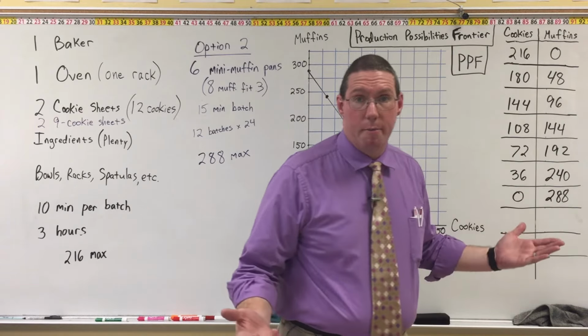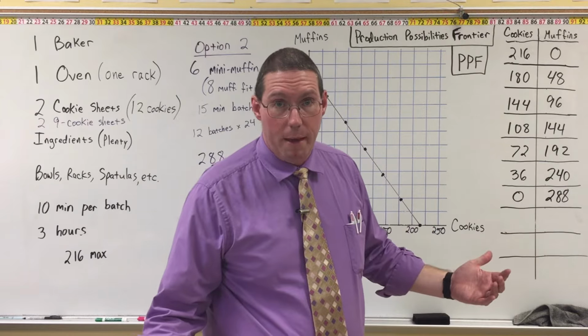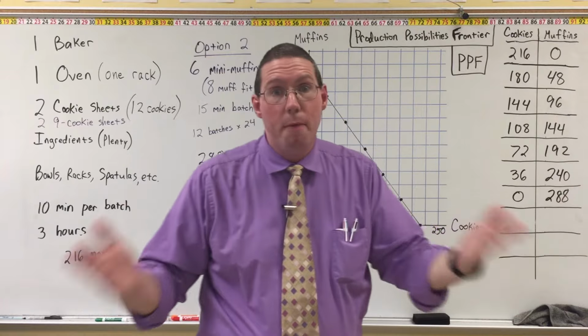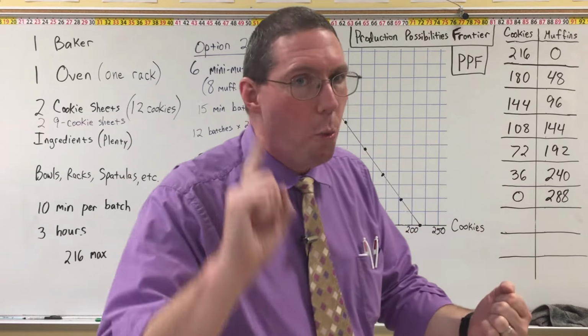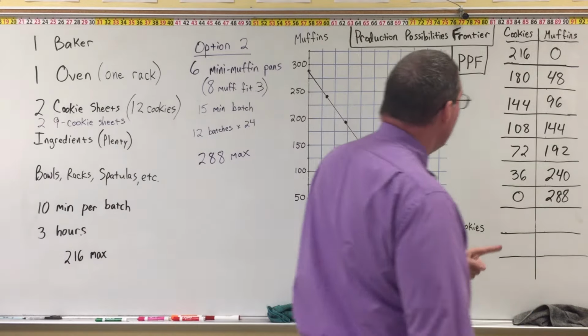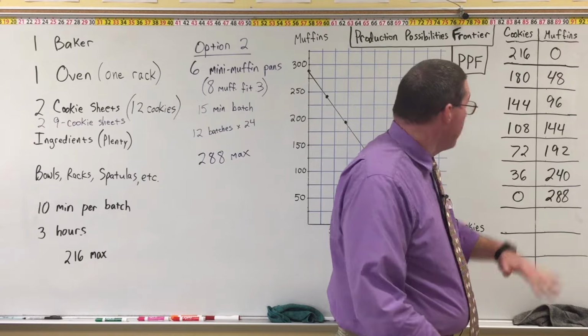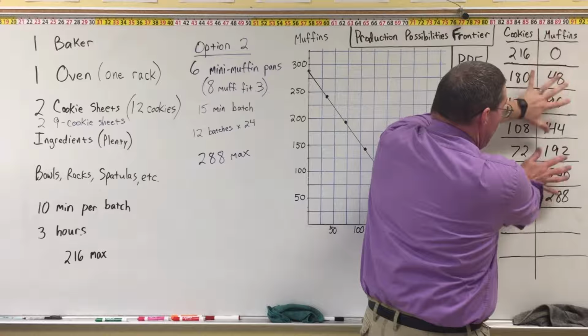How many cookies am I going to make, and how many muffins am I going to make? There's a whole bunch of different possibilities of mixtures of cookies and muffins, and I can only pick one of them. If the baker decides to make 72 cookies and 192 muffins, then all of these other possibilities go away.